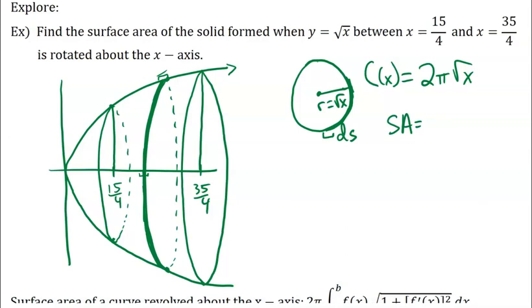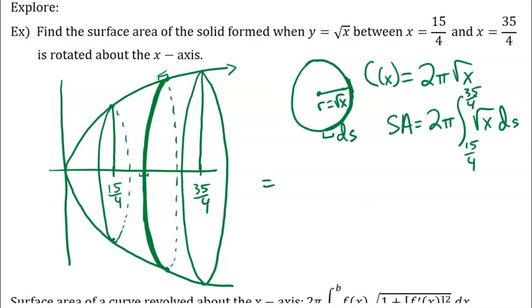So that total surface area is going to be, and I'm going to move that 2 pi to the front. So 2 pi times the integral of root x ds from 15 over 4 to 35 over 4. But ds, we need to rewrite with our arc length formula.